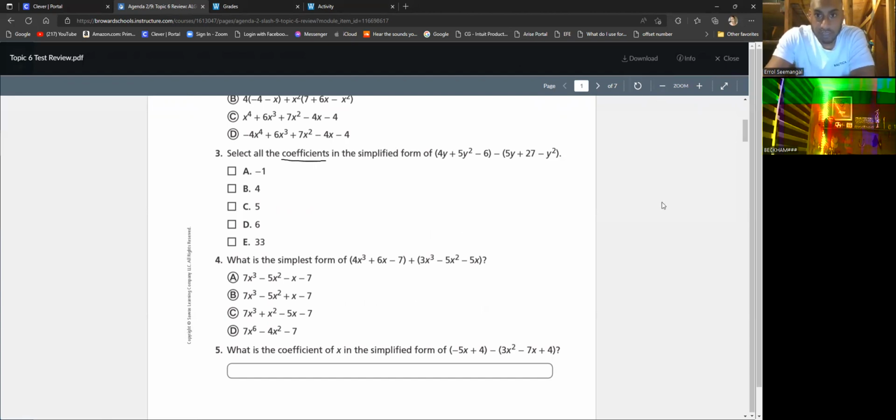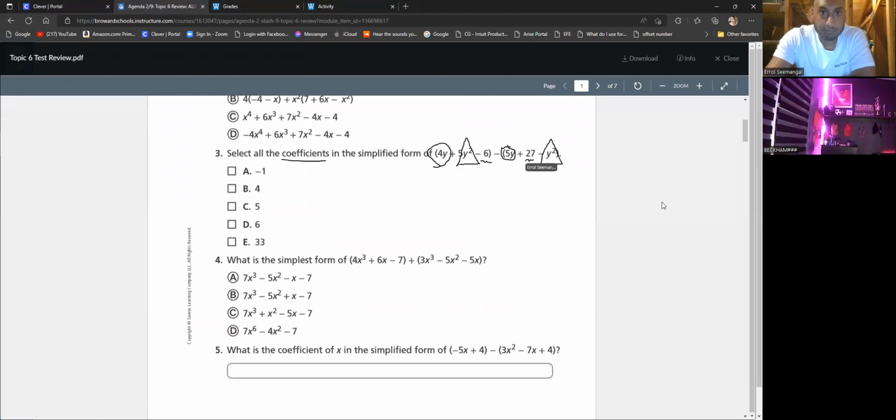So this one matches with this one, this one matches with this one, and this one matches with this one. So match them up. Get it? Yeah. Second, the coefficients that are simplified.